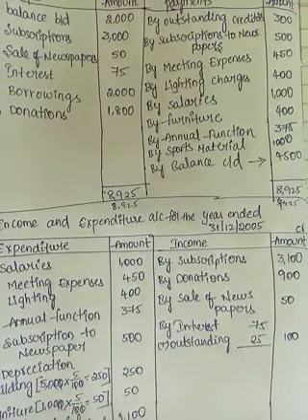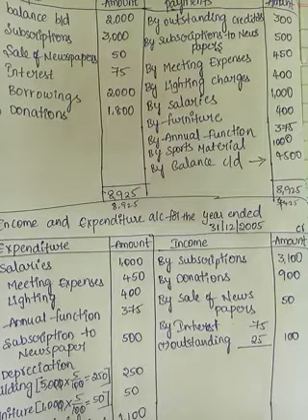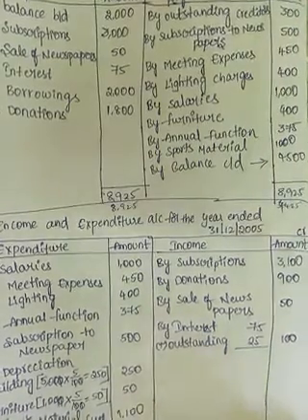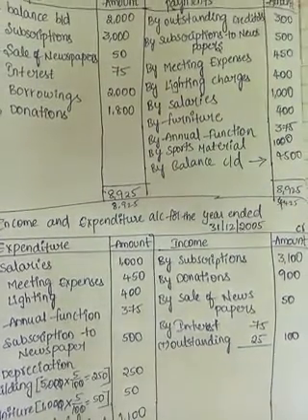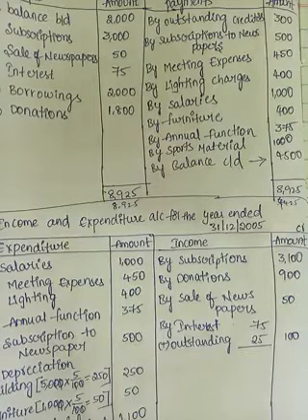Now we'll find out whether we are getting a surplus or deficit. So do the income side first. Total is 3100 plus 900 plus 50 plus 100, which is 4150. Next, the expenditure side is 1000 plus 450 plus 400 plus 375 plus 500 plus 250 plus 50 plus 1100.